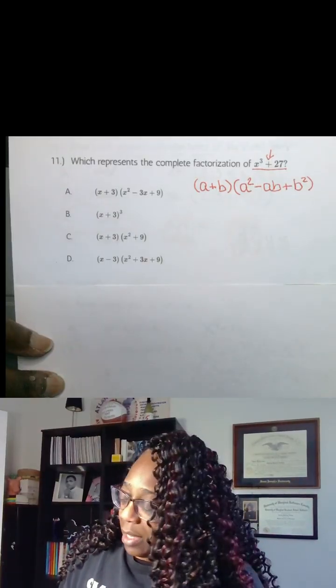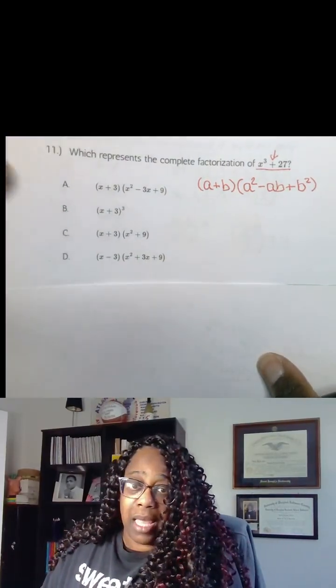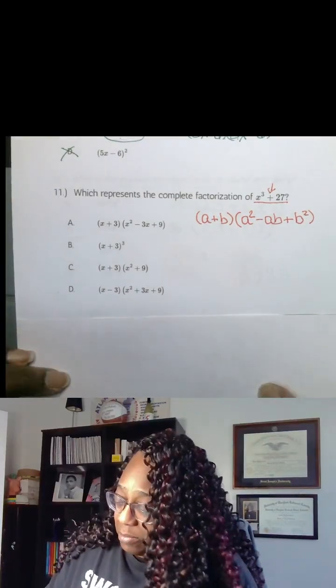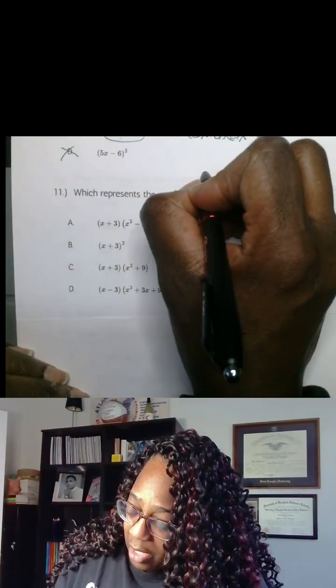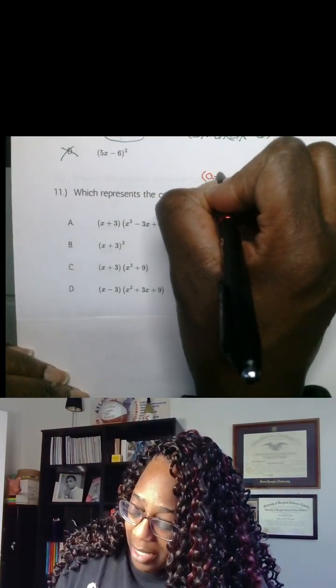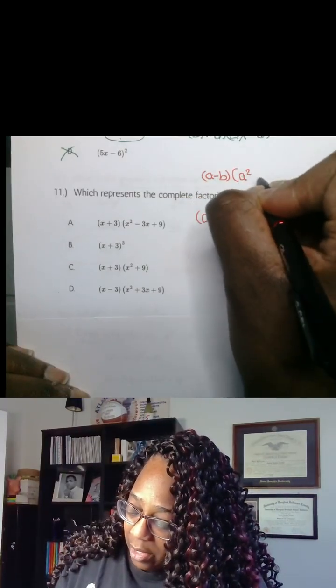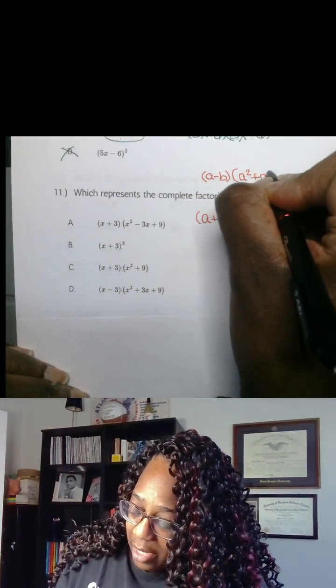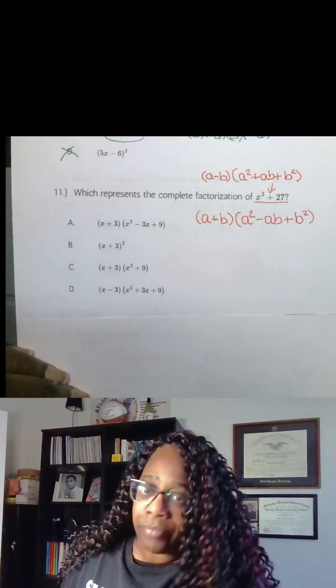Now, if your original was subtraction, it will be A minus B. Then you would have your A squared plus your AB plus your B squared.